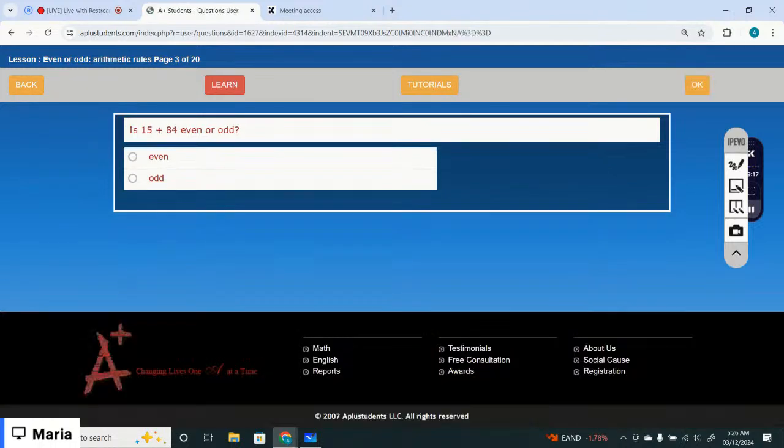The next one is 15 plus 84, even or odd? 15 is an odd number and 84 is an even number. So which is the correct option?